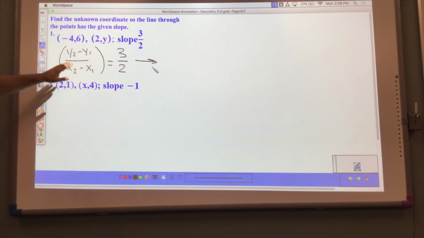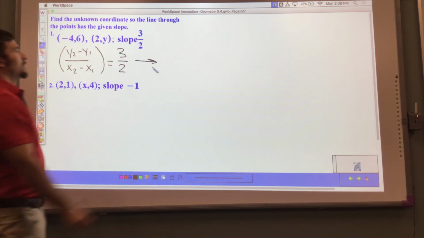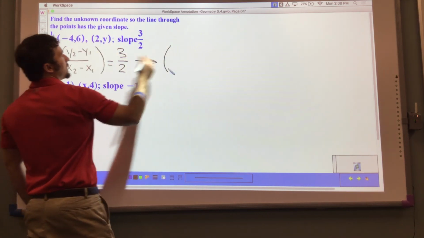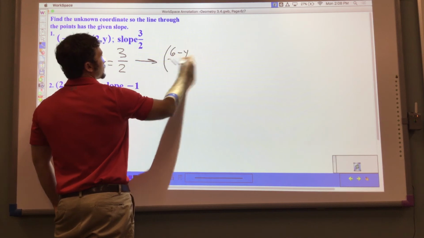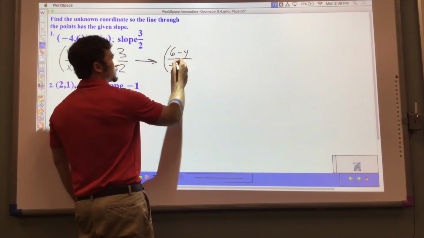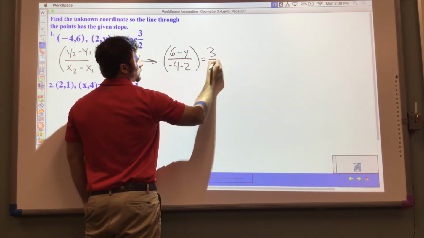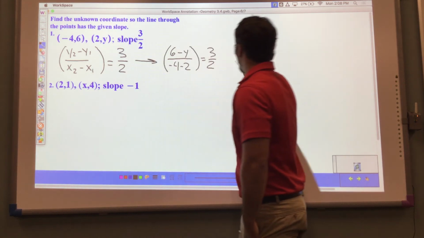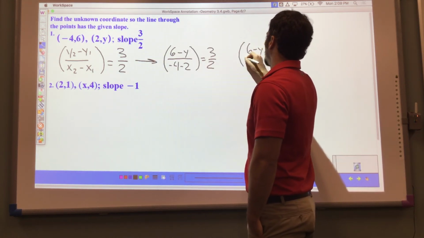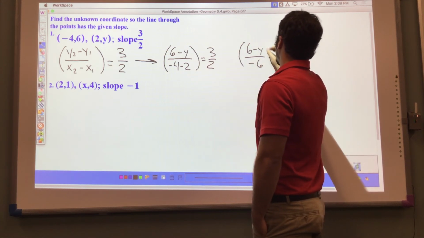So plug in what you know. I have one of my y's, so if I'm subtracting this way, that gives me 6 minus y, and then negative 4 minus 2 equals 3 over 2, which gives me 6 minus y over negative 6 equals 3 over 2.